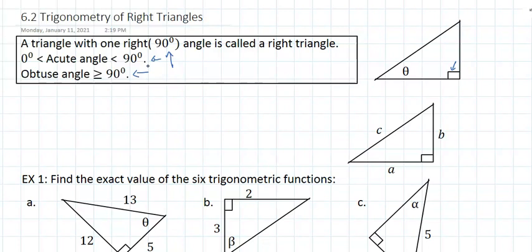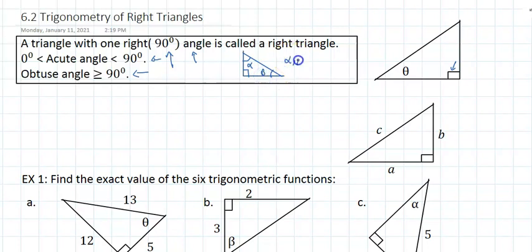So if we're talking about a right triangle, then for sure, the other two angles, if one angle is 90 degrees, call this alpha, call this beta.